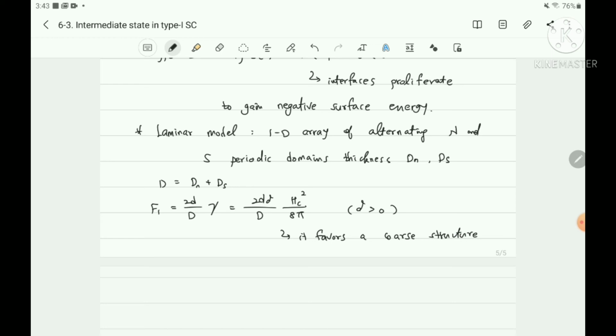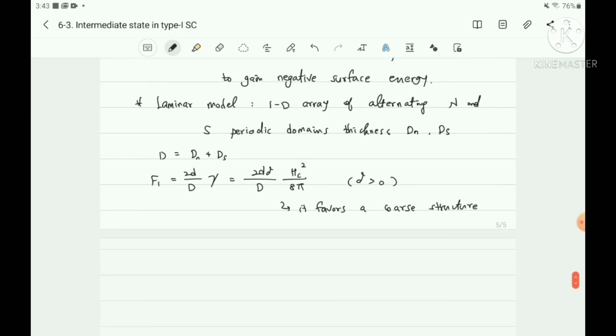It means that magnetic fields can agglomerate with each other when the delta is positive, and in nature negative free energy is more energetically favorable.